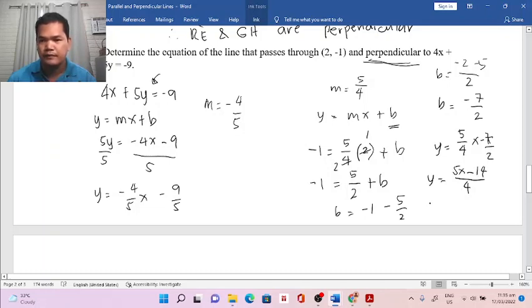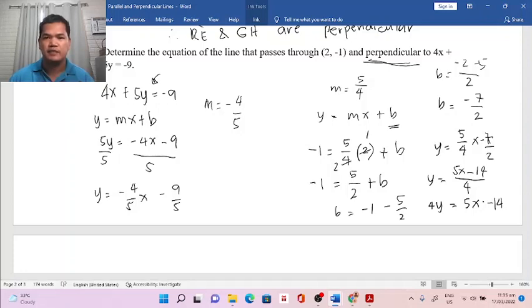So we will have 4y = 5x - 14. And that is the equation of the line that passes through (2, -1) and is perpendicular to 4x + 5y = -9.